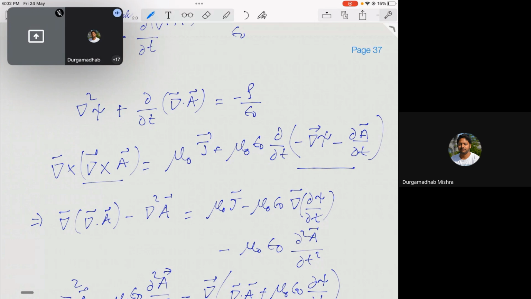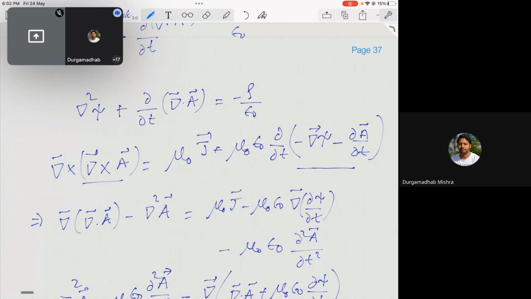Then the electromagnetic wave equation in free space, in vacuum, is also a form of electrodynamics, as we are already talking about a changing electric field and a changing magnetic field.